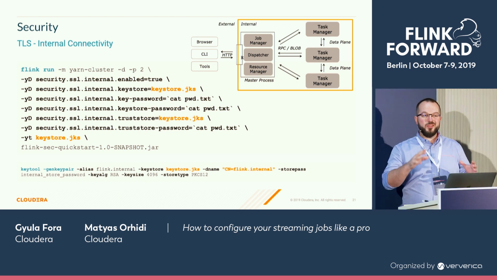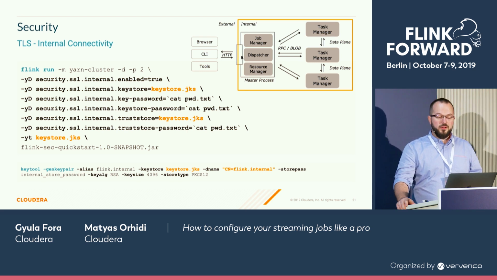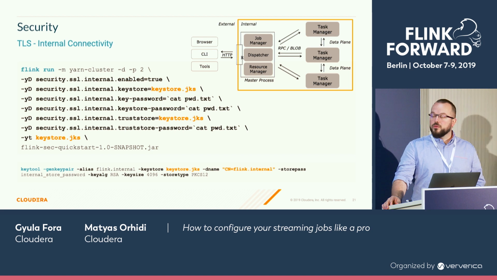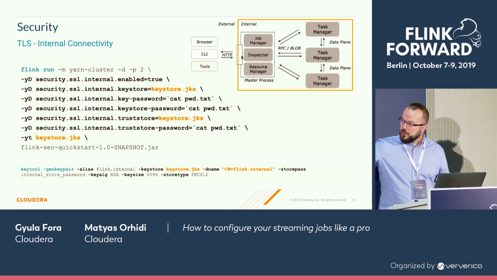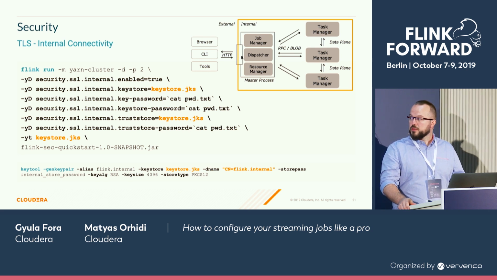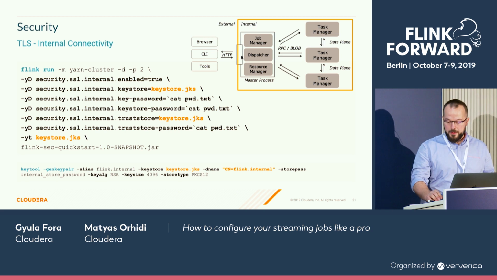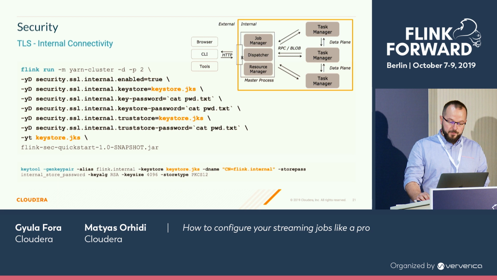This is an internal TLS solution. There is no host verification, and the keystore itself that contains the certificate is usually used as a shared secret, so it can be submitted with your Yarn jobs. And as you see, creating a keystore that can also be used as a truststore is just one command. So you can do this before you actually submit your job.